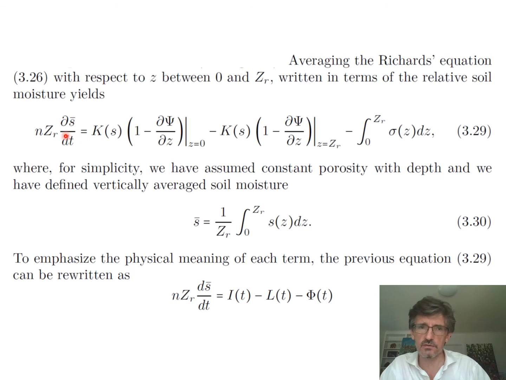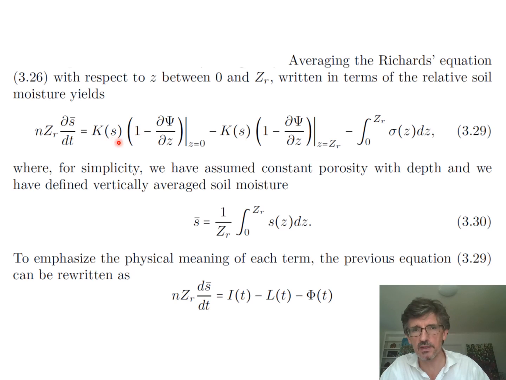This is what we have on the left-hand side. On the right-hand side, when we integrate the advection part, there is a derivative, so we get the flux at the surface and the flux at the lower level ZR.